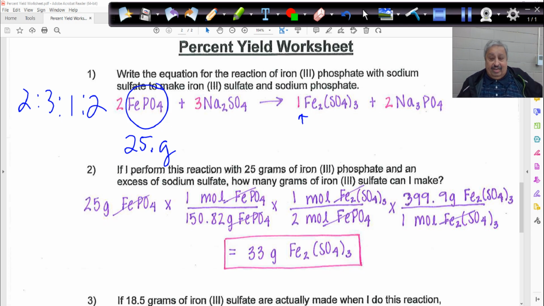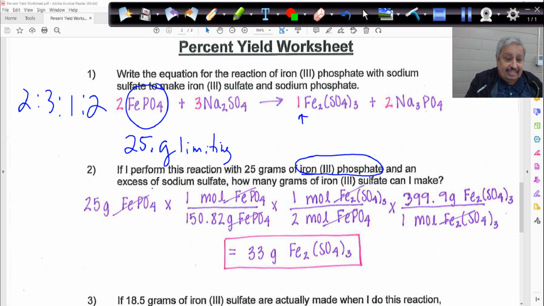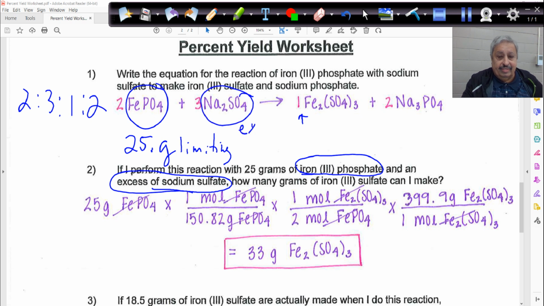So 25 grams of this iron sulfate is my reactant. This is limiting. Why is it limiting? This reactant is limiting because it said an excess of sodium sulfate. This one here is the excess reactant, and this is the limiting reactant.